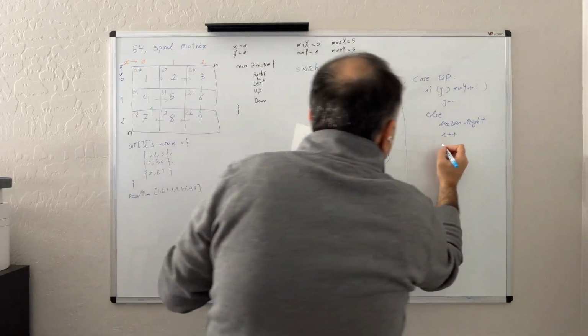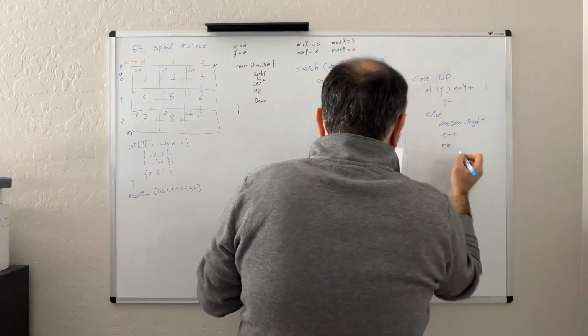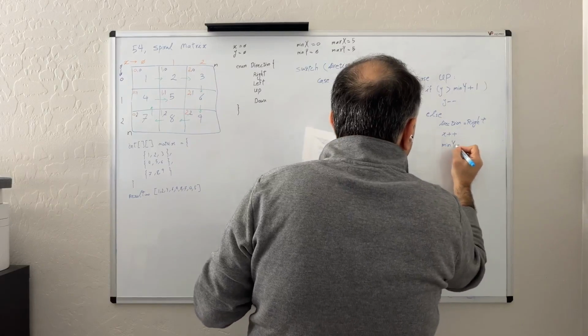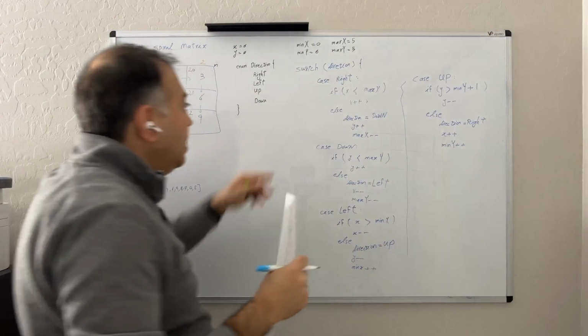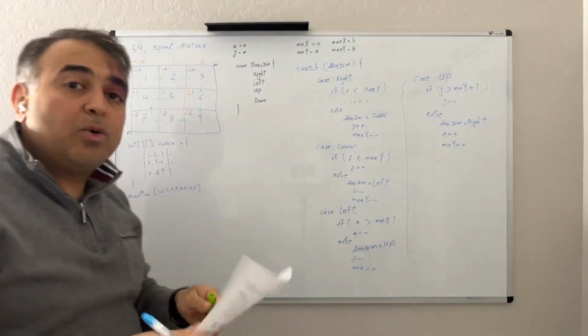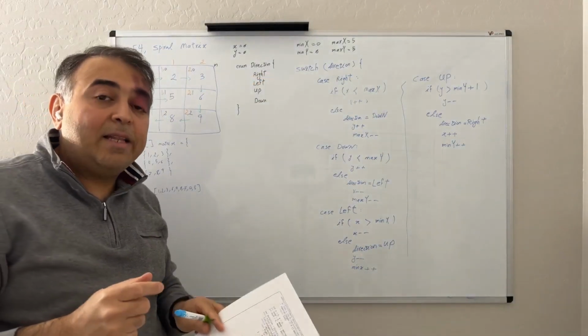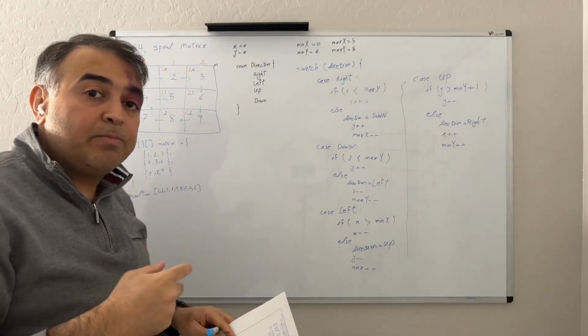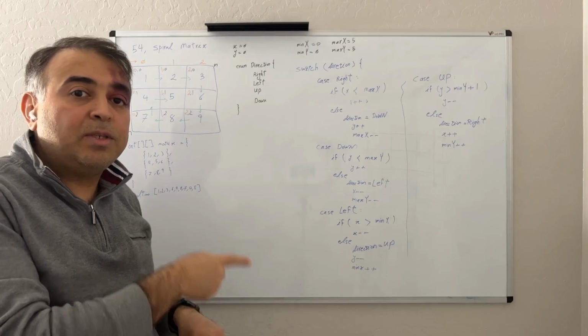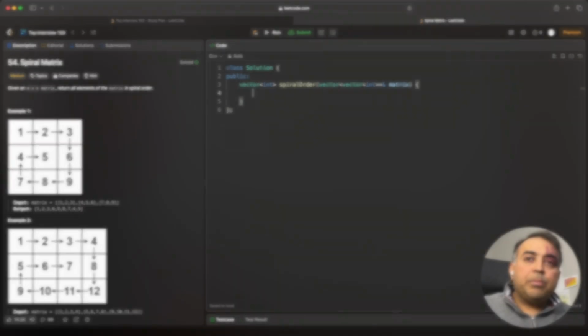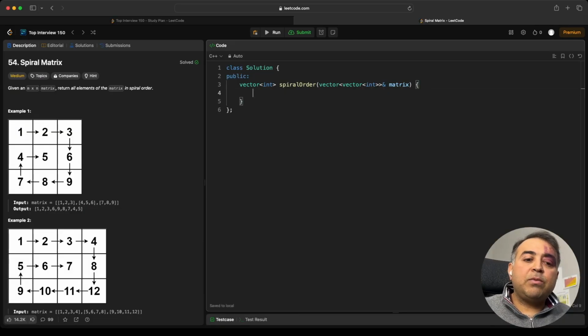And the same thing happens here because we don't want to visit the same values again. So this is the way that we are going to handle the spiral matrix. So let's jump to the code and implement the same thing that we discussed here to see what the result will be. Okay, this is the Leetcode environment, and we are going to implement the solution that we discussed.